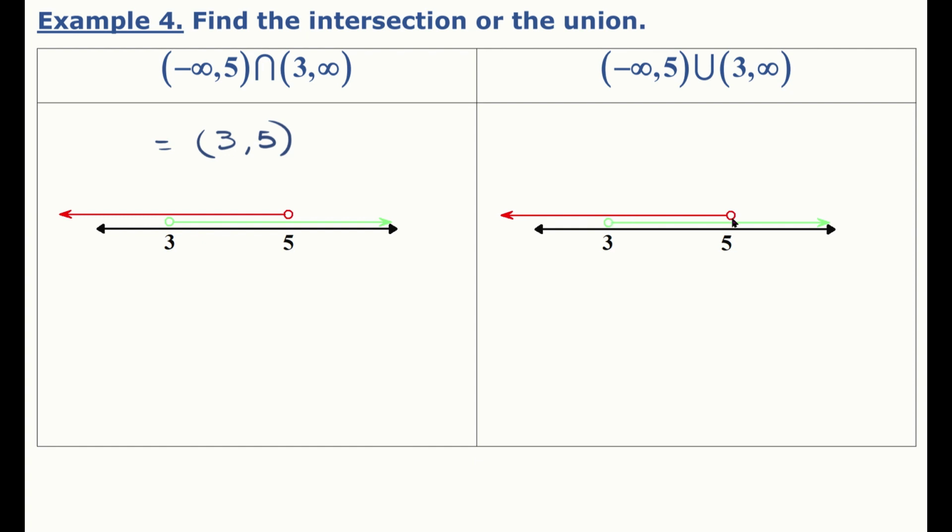And the same here, 5 is not in the red set, but it is in the green set. So when you merge them, 5 will be in the union as well. So the union will be all real numbers. Again, we can depict that using R as well.